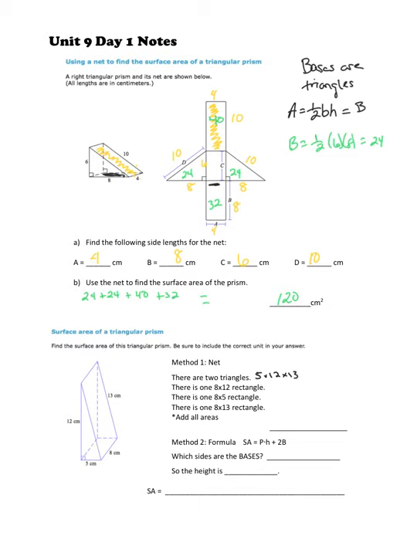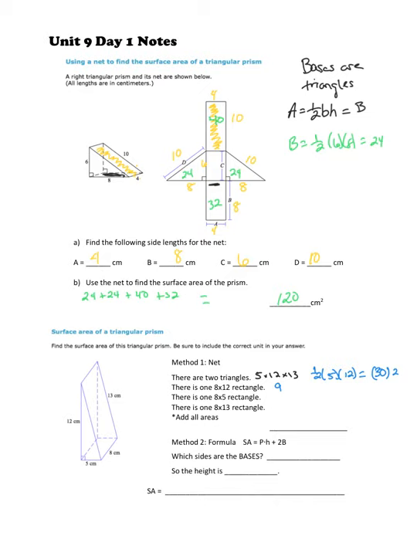Okay, the area of the triangle is going to be 1/2 base 5, height 12. 1/2 base times height. 1/2 of 60 is 30. So there are 2 triangles, so we have 30 times 2. One 8 by 12 rectangle, 8 times 12 is 96. Mrs. Gates is just batting it out of the park today.